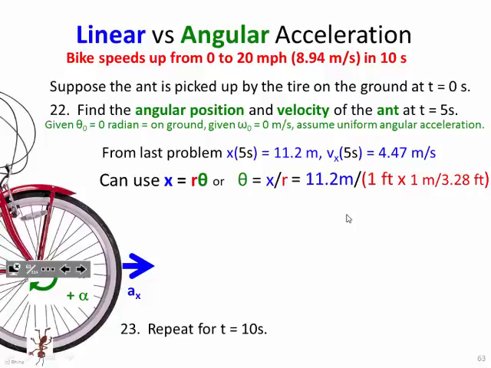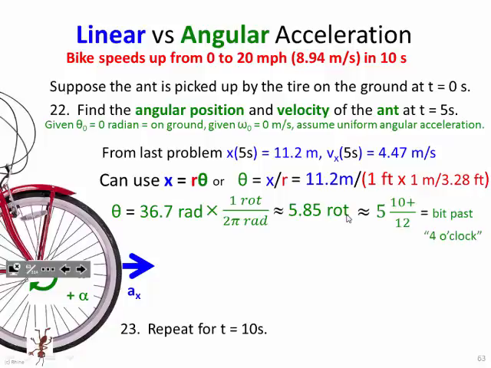How did I get 5 and 10/12 rotations out of that? Roughly. How did I get that? And why did I do that? I want to plot it like a clock on here to figure out where it is. That's why. I'm doing a 12-hour clock just so I can figure out where to put it easily. So there's another way of measuring angle.